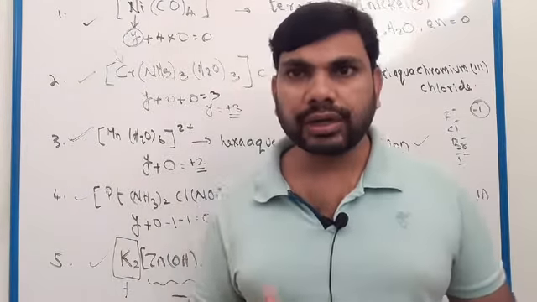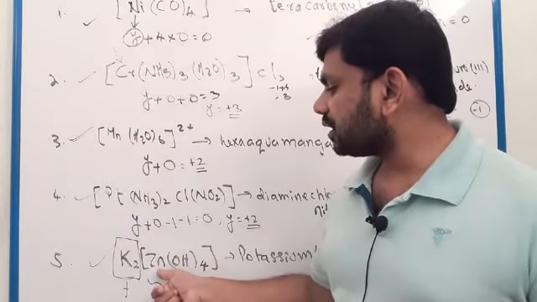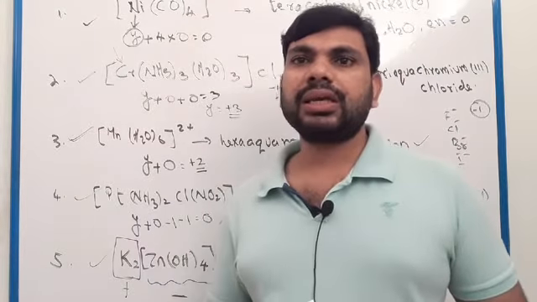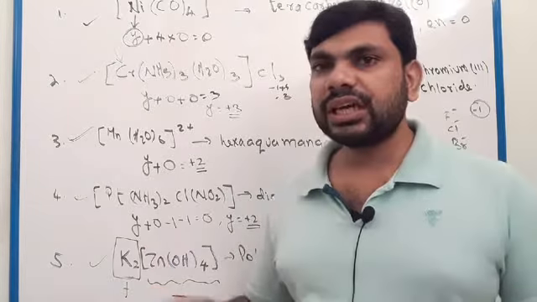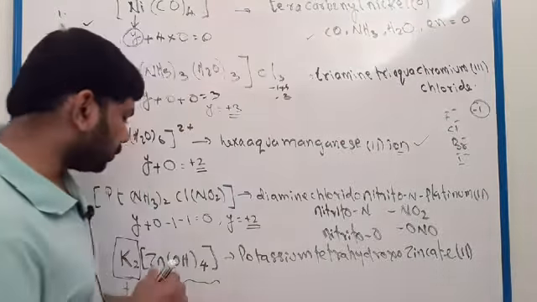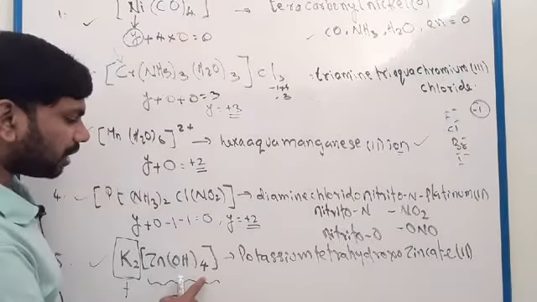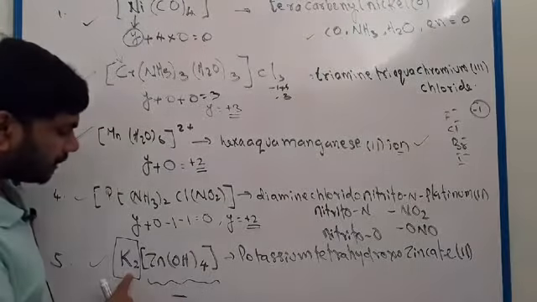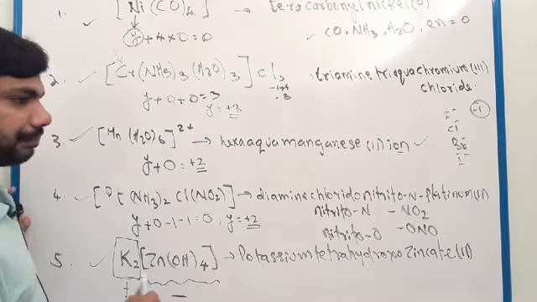Similarly here, the metal in the negatively charged part is zinc, so it will be zincate. Remember this. So to name this coordination compound: potassium tetrahydroxozincate.